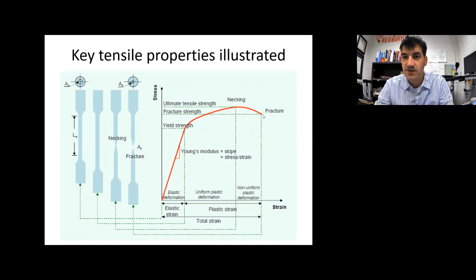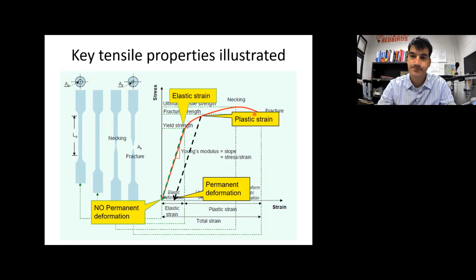You should know the failure strength. And you should know these regions: the elastic deformation region, the uniform plastic deformation region, and the non-uniform plastic deformation region, which is characterized by necking. So here we've got elastic strain, here we've got plastic strain.